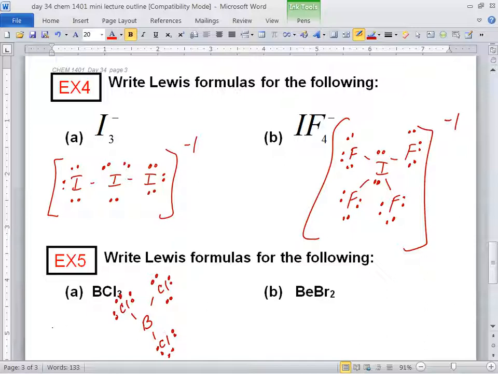There's only 24. Beryllium dibromide. Looks good.